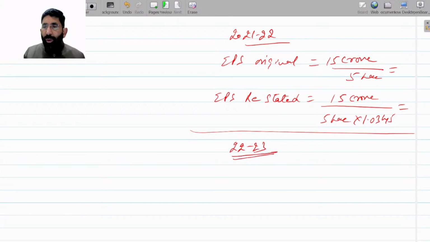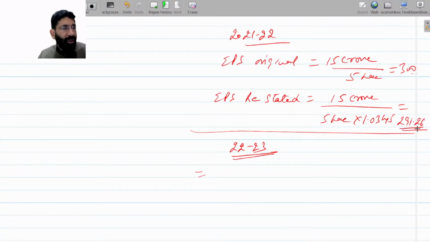And regarding 22-23, what do you have to do? Very good. Do it. It is 300s. Very good. So it is 291.26. Good. Get it for 22-23 fast.